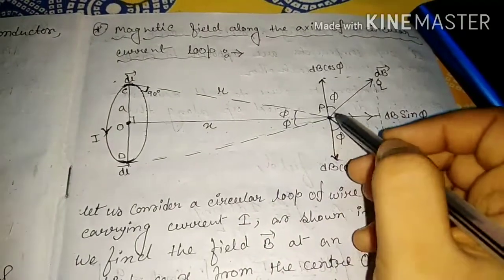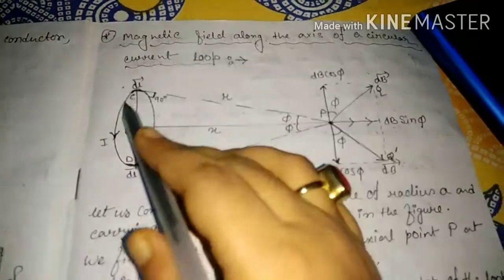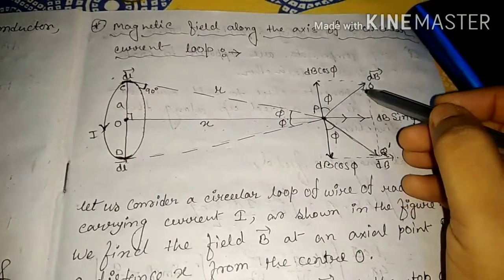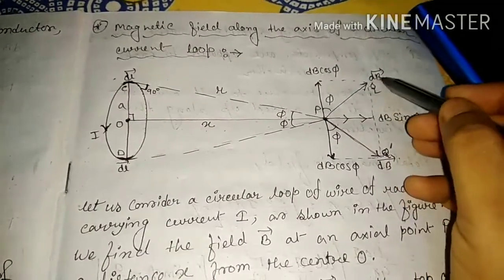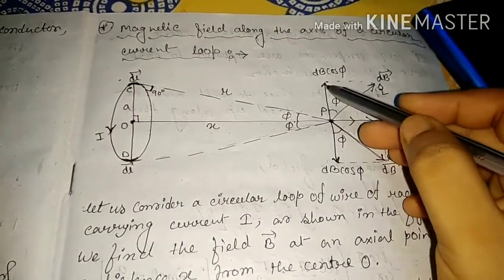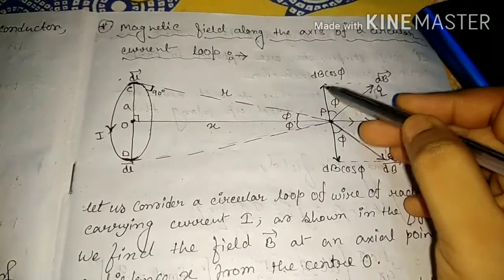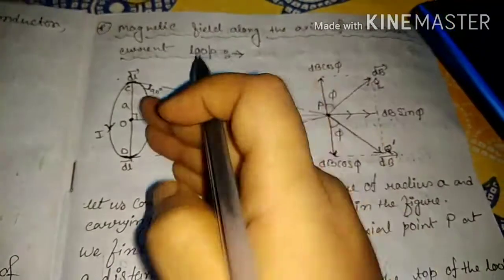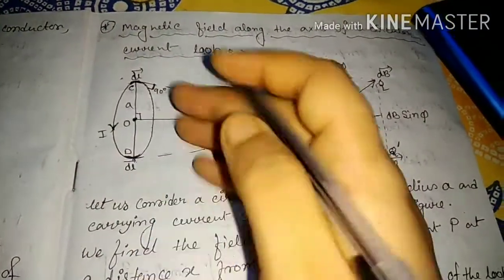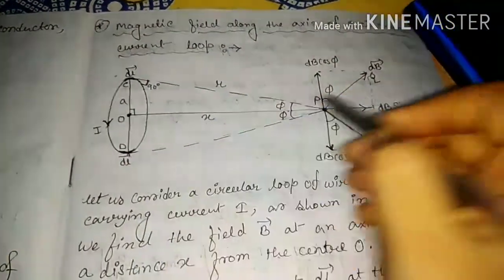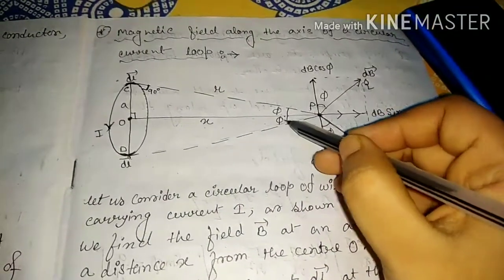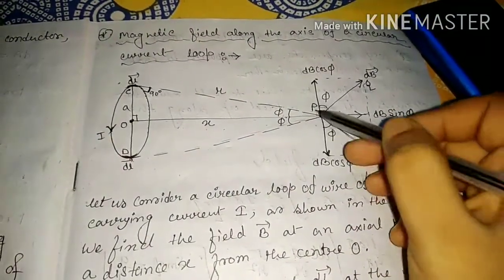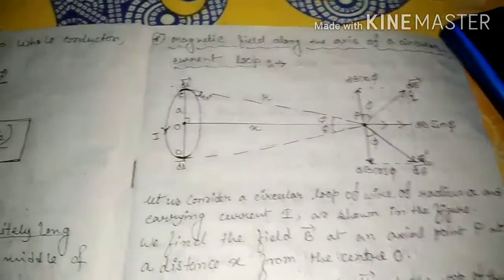Whatever magnetic field is created due to that small current element is dB, in the perpendicular direction PQ. The angle between dB and dB cos phi, the vertical component, is also phi. The same if you consider the small current element at the bottom: this angle is phi, and the angle between dB cos phi and dB is also phi.